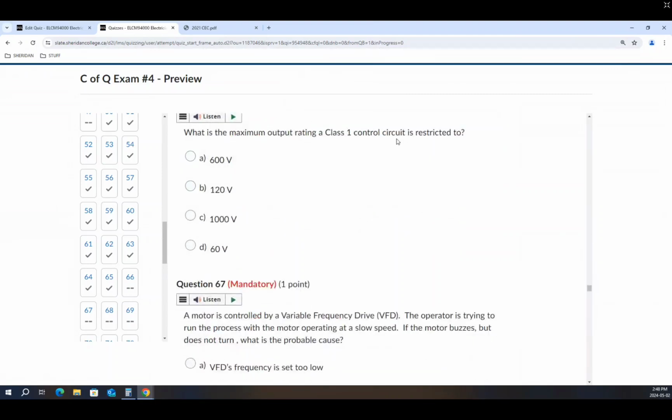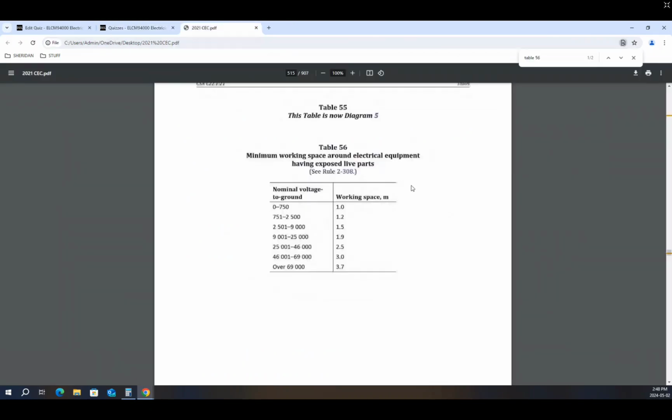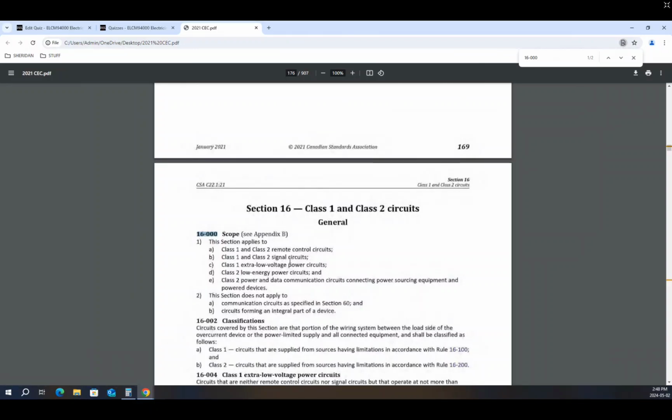What's the maximum output rating of a Class 1 control circuit restricted to? Class 1 and 2 circuits.